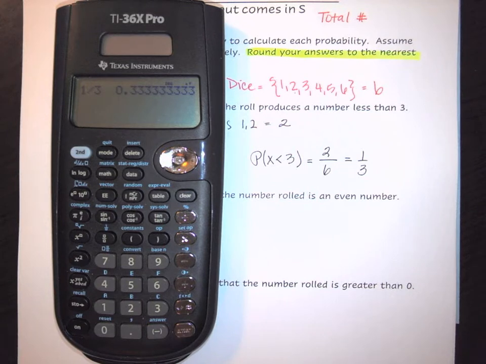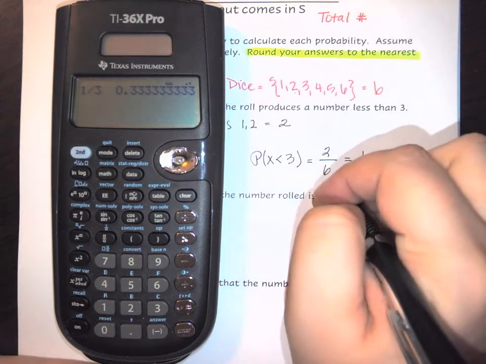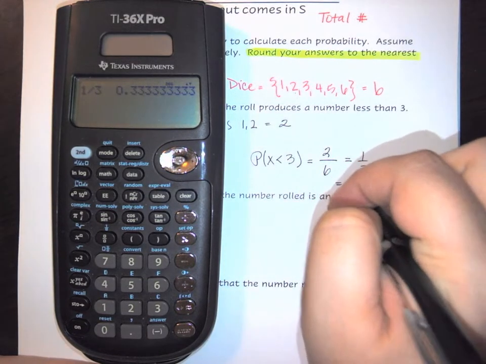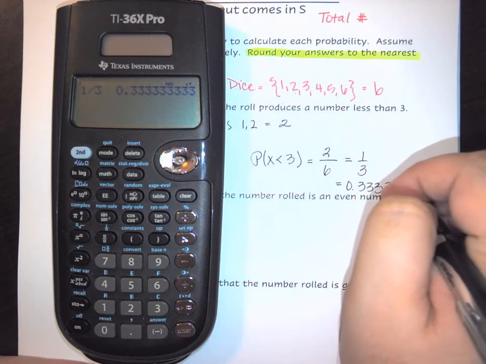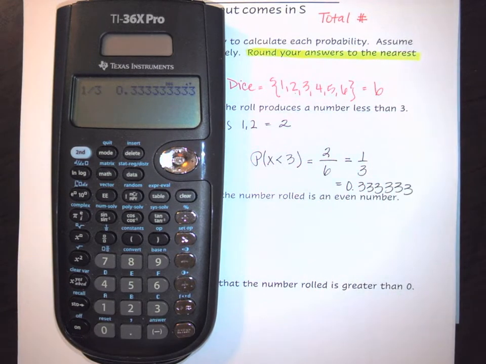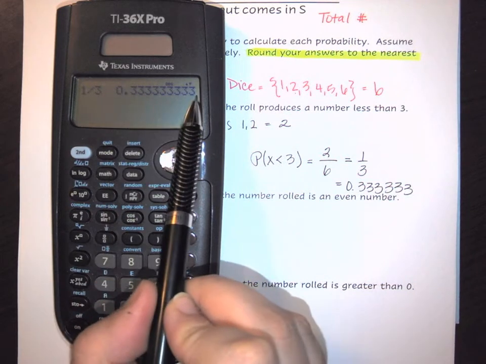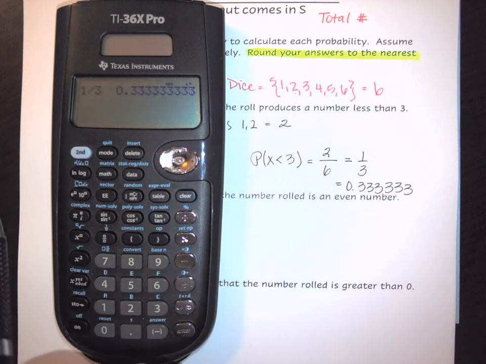So what we want to do is write that big long decimal just out to the millionth place. So here we would say that my probability is 0.333333, because millionth means 6 places. Okay, so here we're showing a lot more than 6, but we only need to use 6 of them.